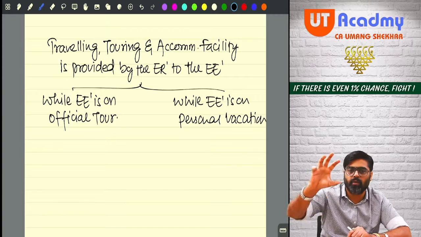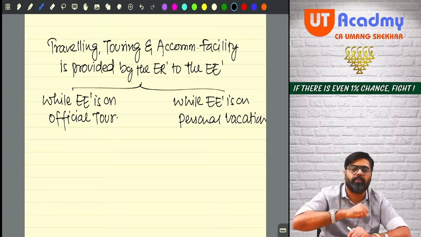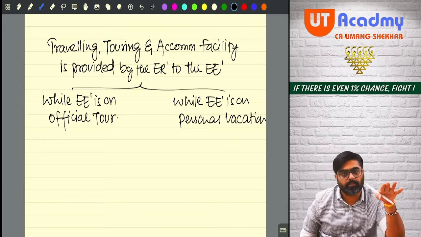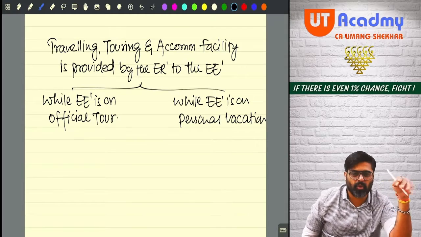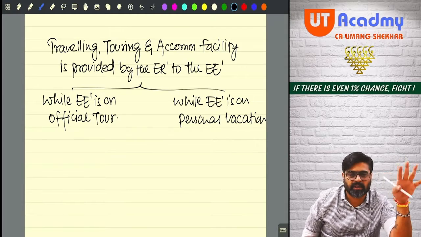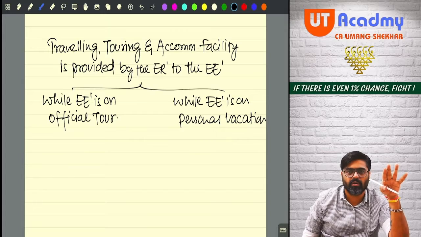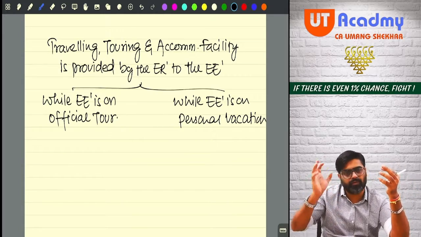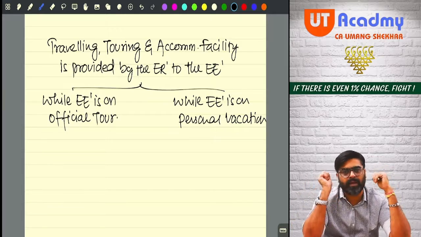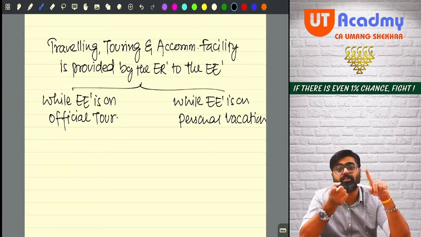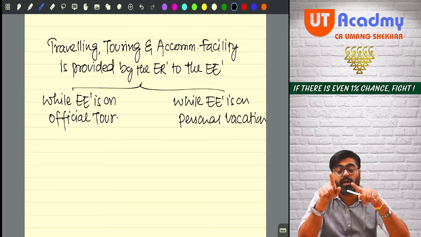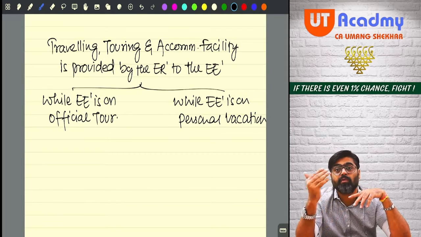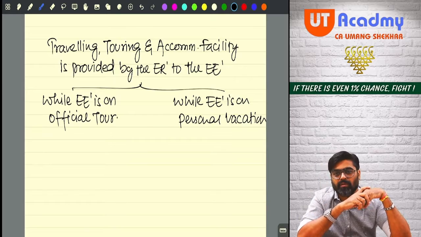So the cost of that local touring and traveling will be met by the employer, and the accommodation will also be provided in some hotel or some guest house of the company. Yes or no? Whatever accommodation and traveling touring facility is provided, the employer might incur some money on that. That is a benefit for you, but that benefit is not personal in nature, it is official in nature, because you are going for an official tour.